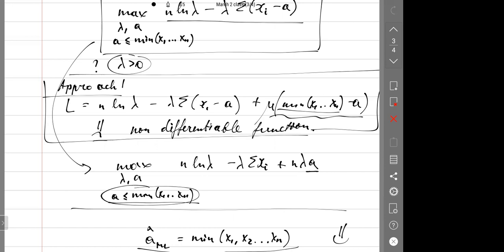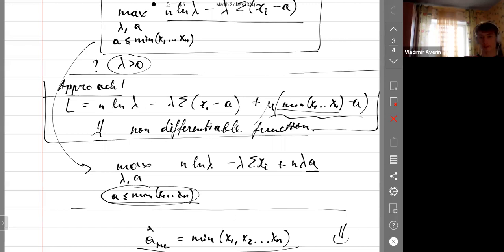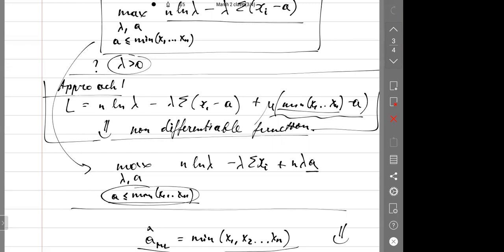So it is non-differentiable with respect to x1 through xn, but we do not care.